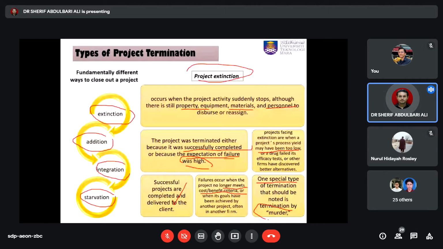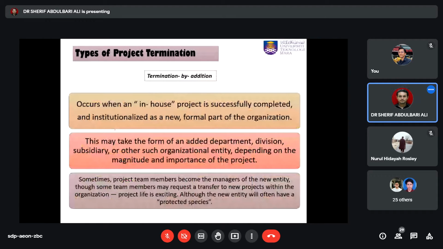The second type of project termination is addition. This occurs when in-house, that means there is another project successfully completed. So you are going to terminate it to be included into different projects, but still in the same organization. So this may take the form of adding a department.